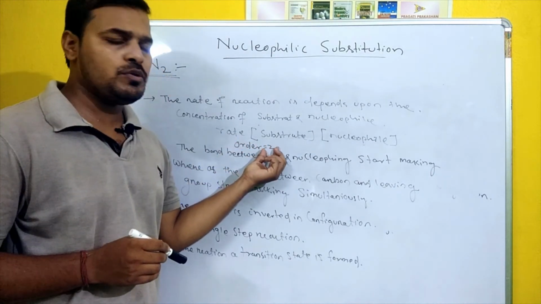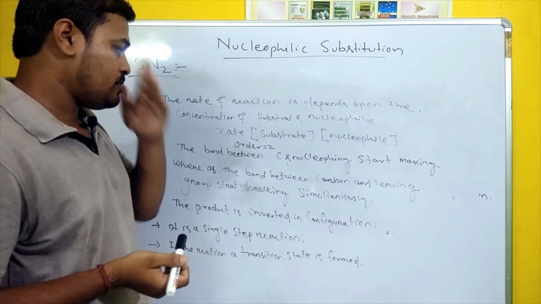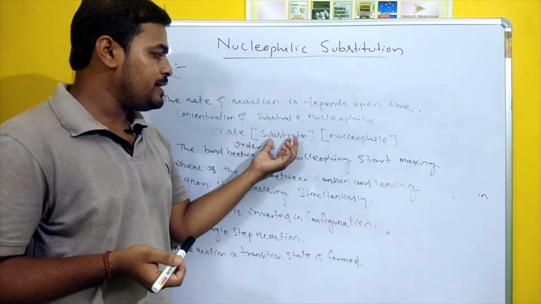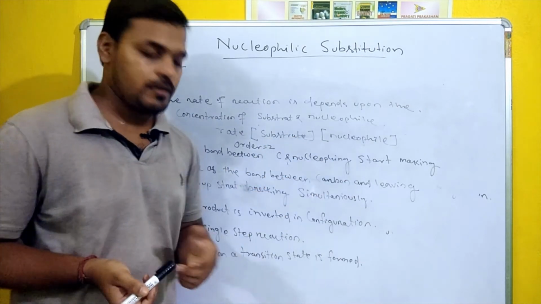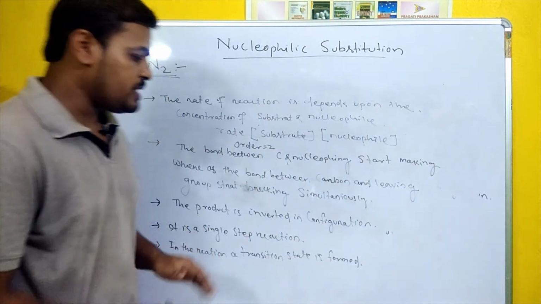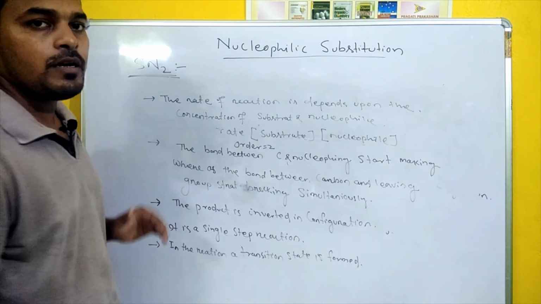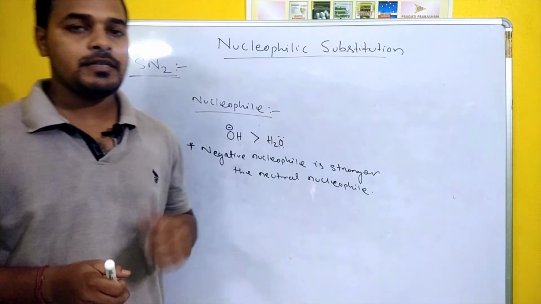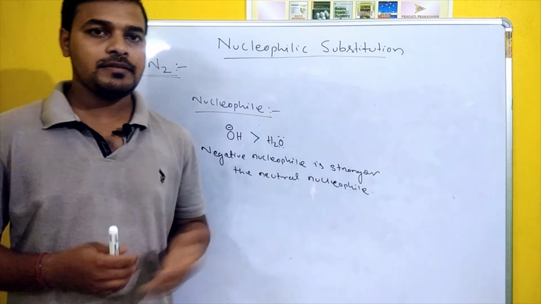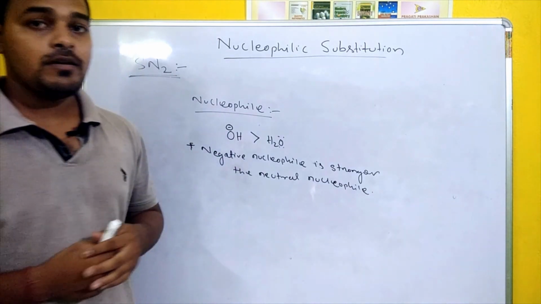If its order were 1, then it would be called an SN1 reaction. Why is the order 2? Because it depends upon the concentration of the substrate and the concentration of the nucleophile. Right. So these are basically the outline of nucleophilic substitution bimolecular. You can note down from here. This is the SN2 mechanism, and in the next video I will discuss the SN1 mechanism.